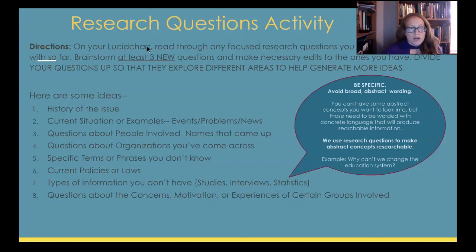And a couple of tips with these questions are to be really specific and concrete. Avoid using broad and abstract wording. Again, your question is already big. So if you're asking, why does this happen? Or why do people think this? Then that's not super Googleable, you know? That's still pretty vague.